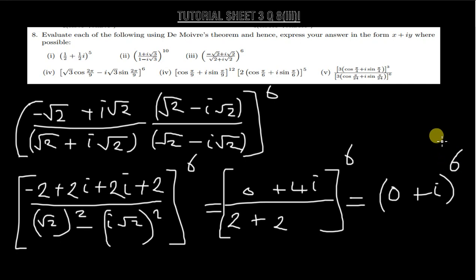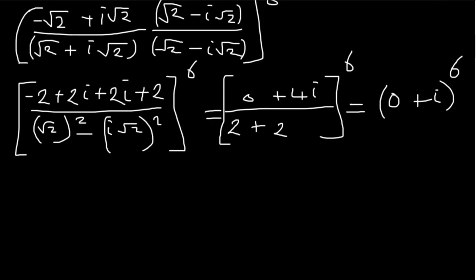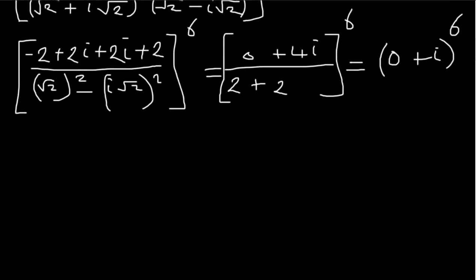So they want us to leave it in this form. The best I would advise you to do is to convert this into polar form. So how do you do that? You first find the argument of that complex number. The argument is just the angle.